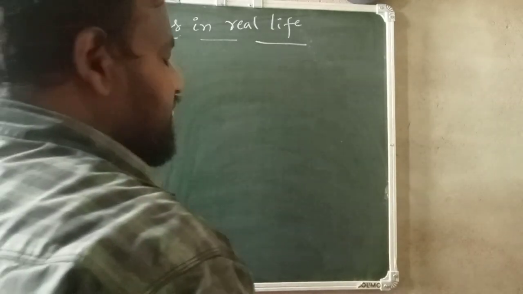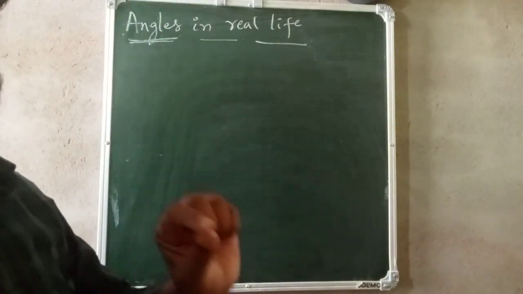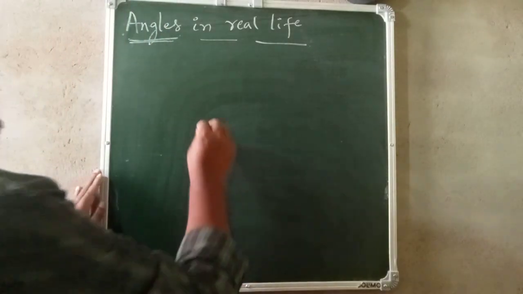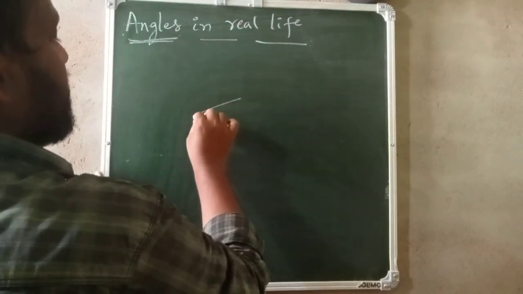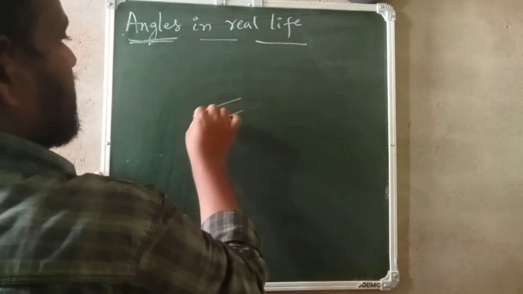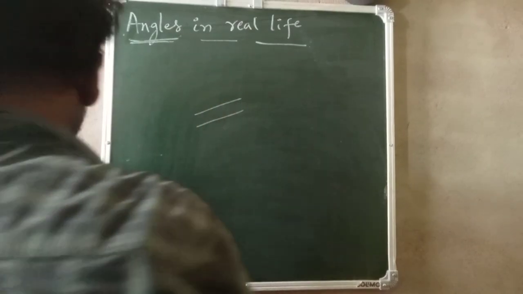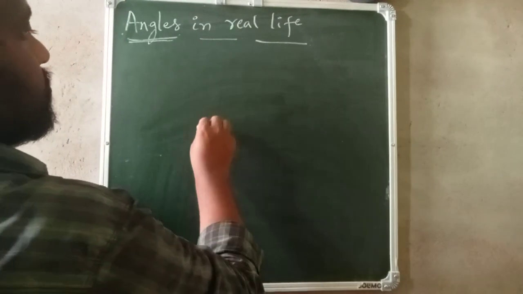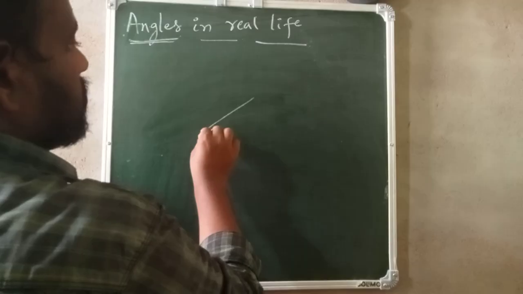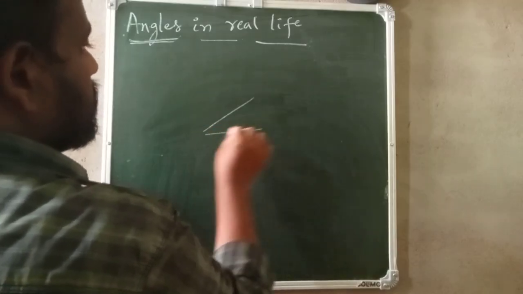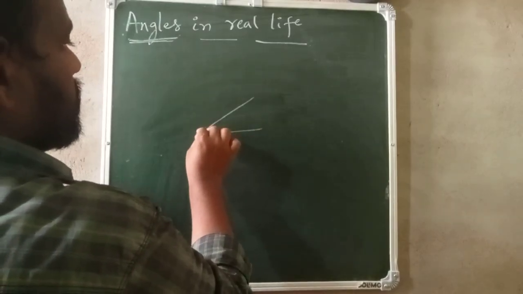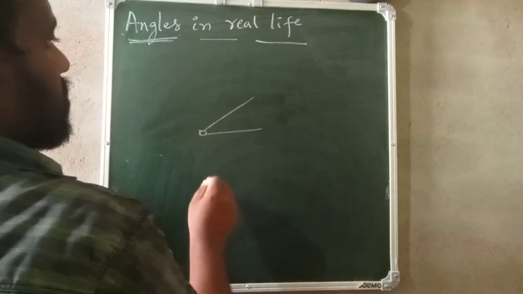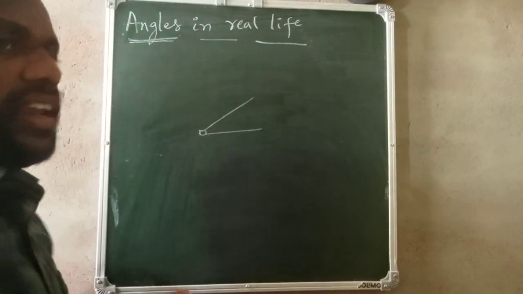Another example is a nail cutter. The nail cutter will be like this, right? I will just draw a rough diagram. So this is a nail cutter.